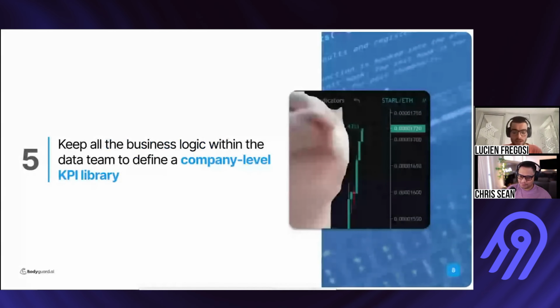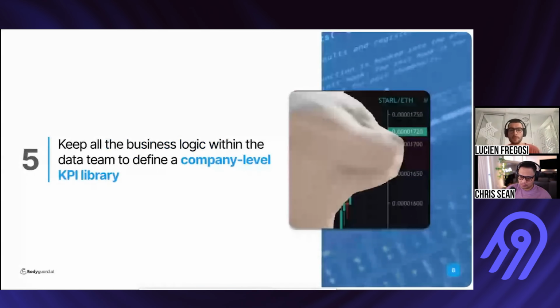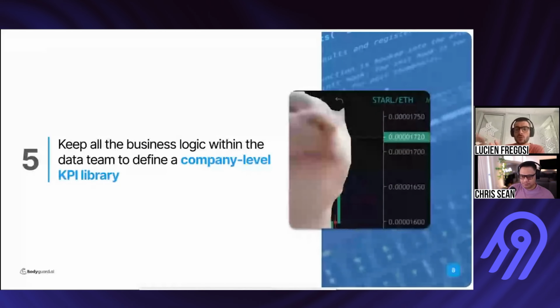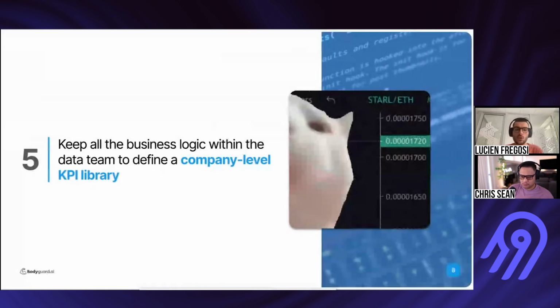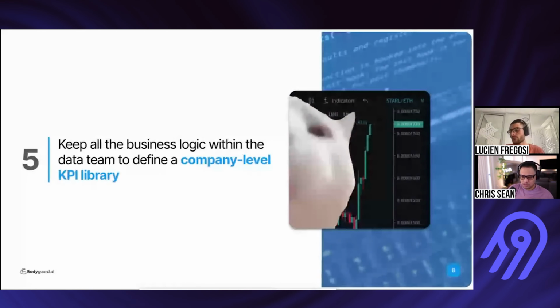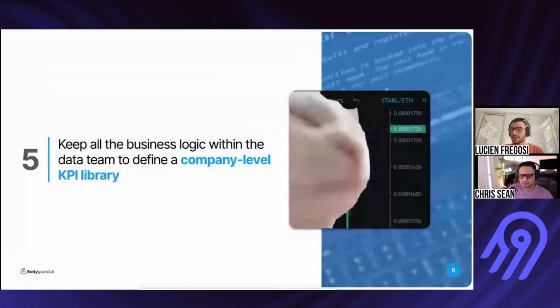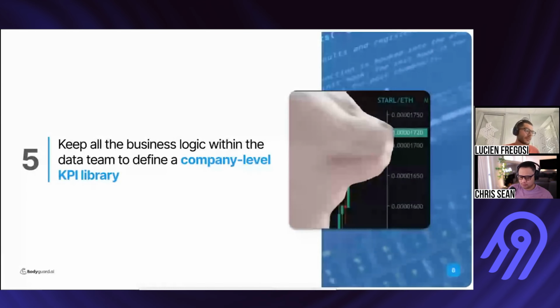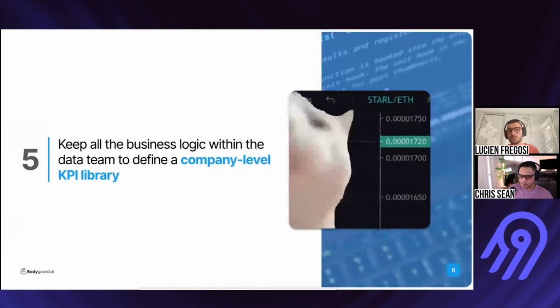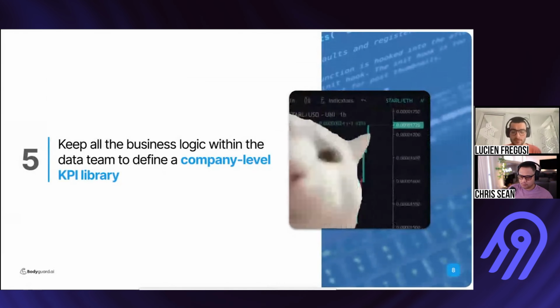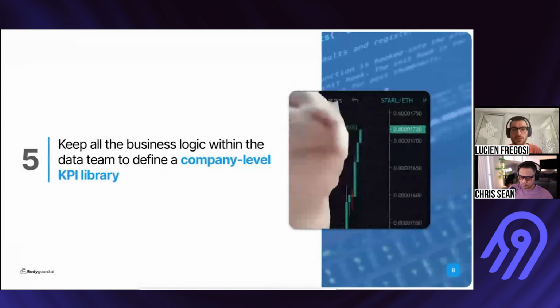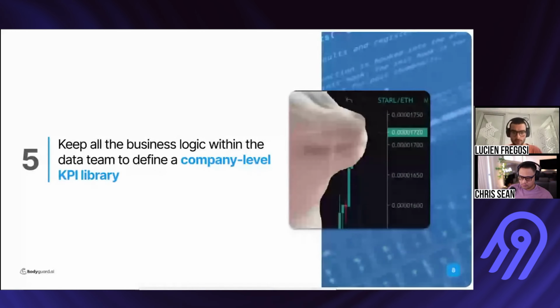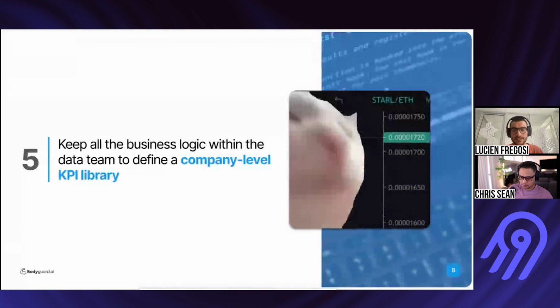And the last one is more on the user-facing side, the consumption side. We don't want every business team to have a data analyst that makes a SQL request in, I would say, a messy way. So it's really important that our team owns and defines what we call a company level KPI library.